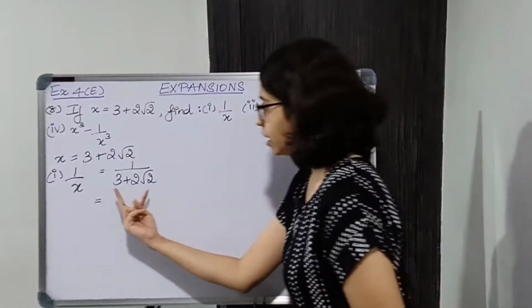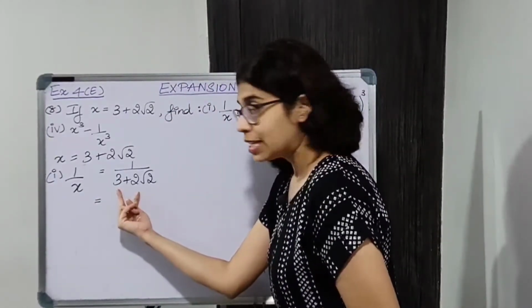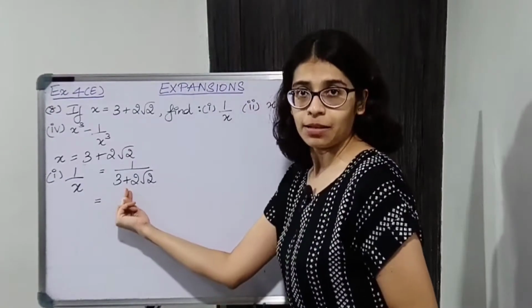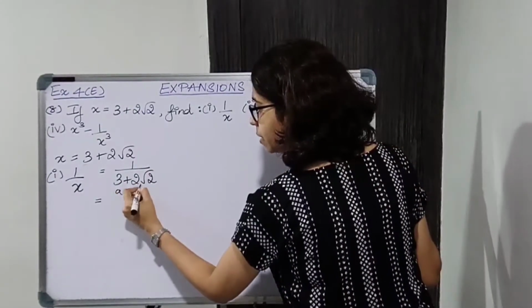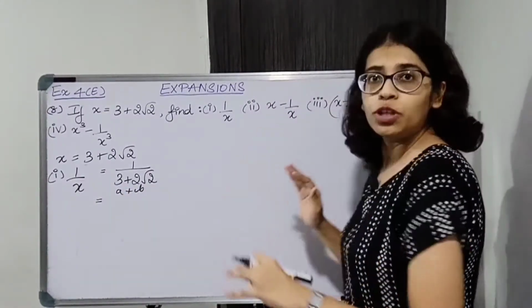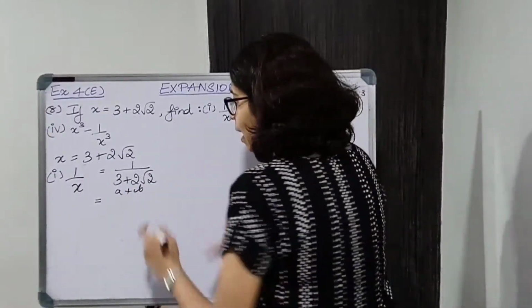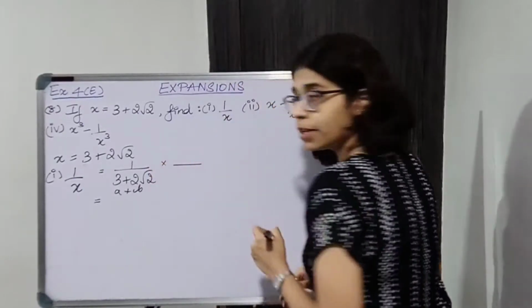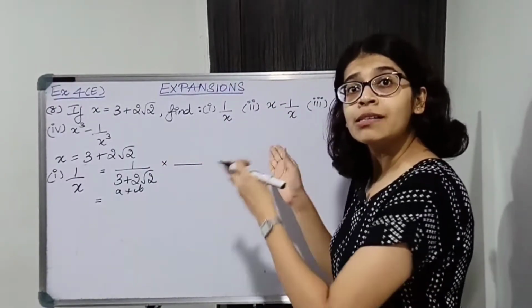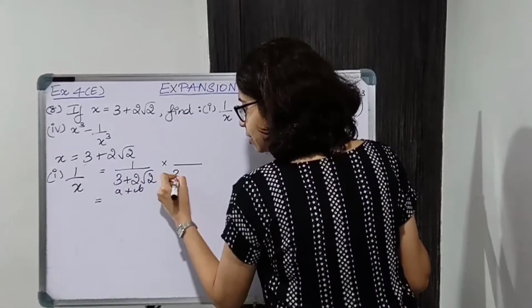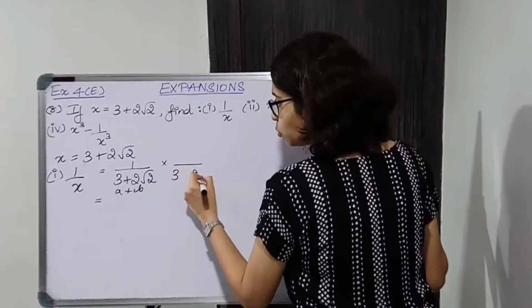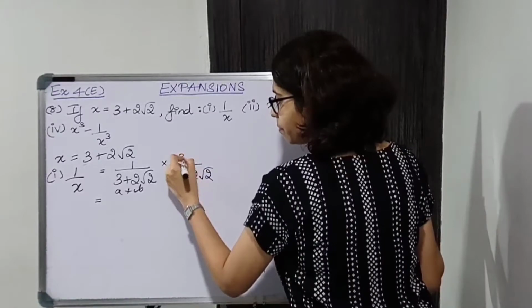Now there are two numbers separated by a plus sign, so this is of the form a plus b. What you will do is multiply in both numerator and denominator with a minus b. So a is 3, b is 2 root 2, so a minus b.